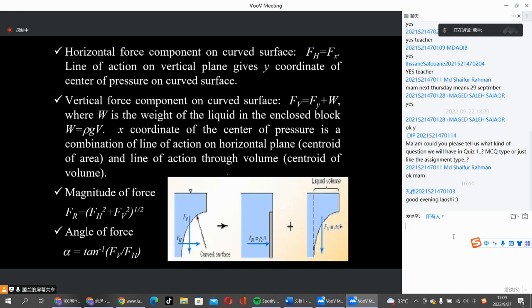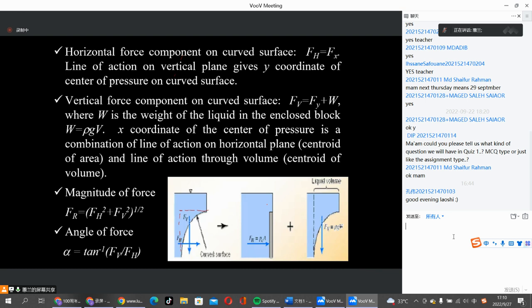So this is the curved surface, right? For the force acting on this curved surface, we still use the isolated fluid block, draw the FBD, and then we can find the horizontal force.